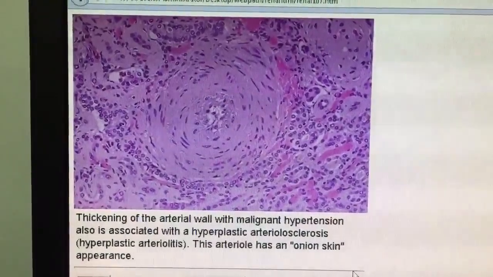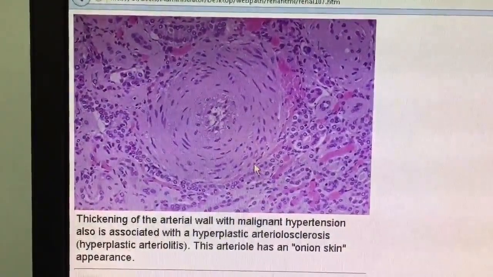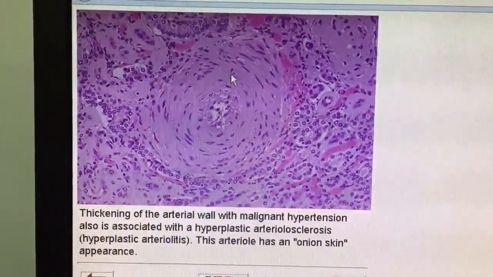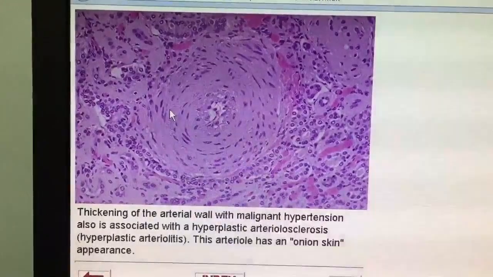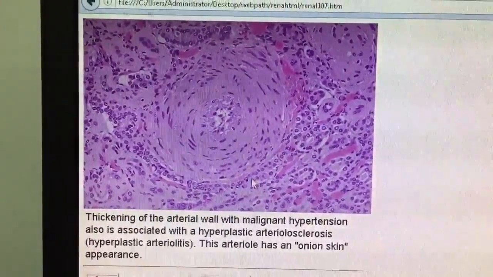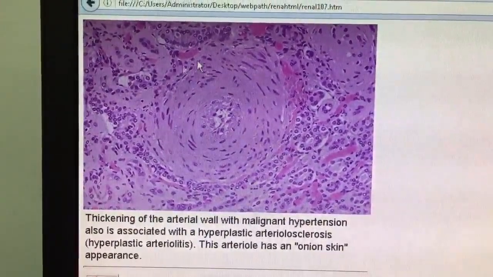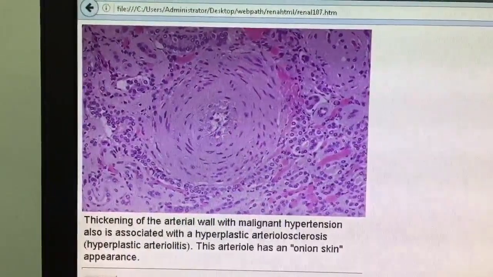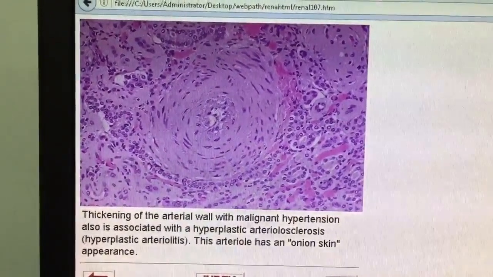The other type of reaction is in the form of hyperplastic arteriolitis, which is characterized by an onion skin appearance with these concentric layers of thickened blood vessel wall. So it might present with fibrinoid necrosis or hyperplastic arteriolosclerosis.